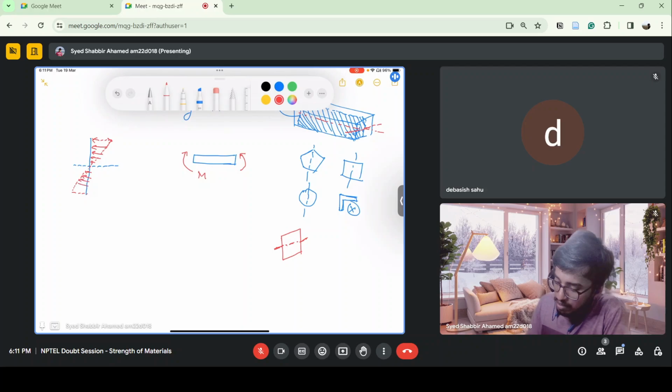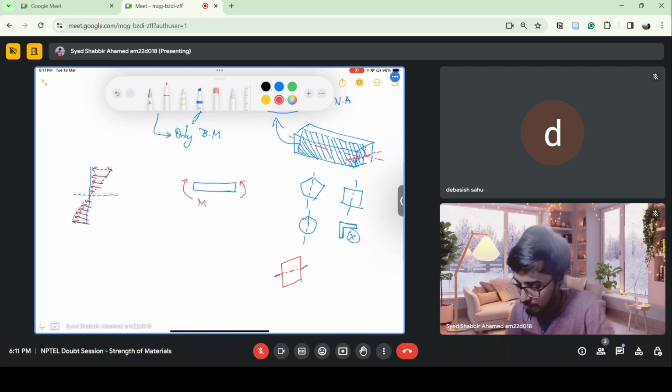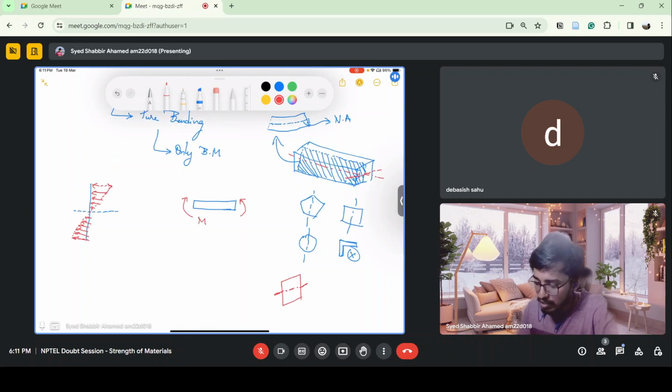The bottom fibers below the neutral axis have tension. So bottom fibers expand and the top fibers above the neutral axis get compressed, or you can say the length is shortened.